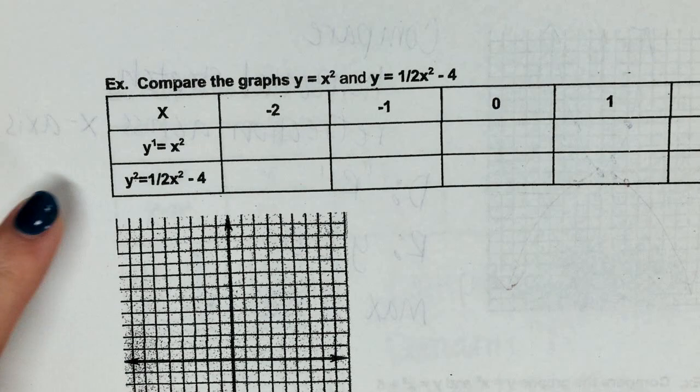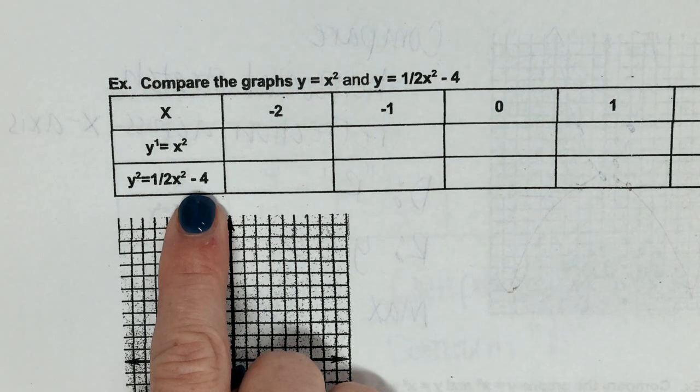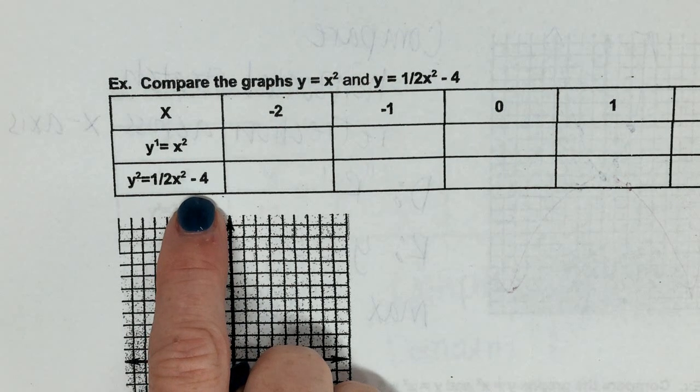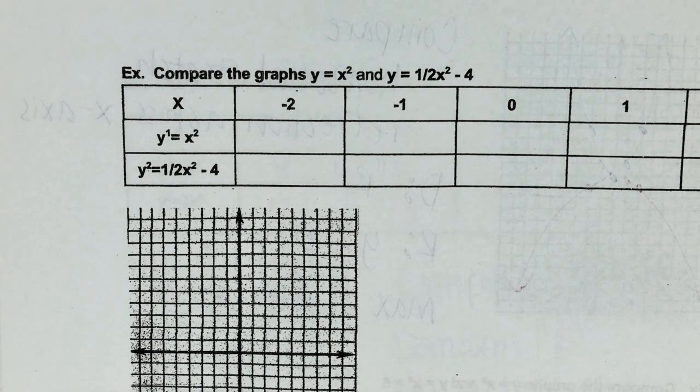So what is that going to do? I heard you. A horizontal stretch. But then they also did what? Subtracted 4. What did we learn? When we added 5, it made it move up 5. They subtracted 4. So what do you think is going to happen? It's going to go down 4. So this is going to be a horizontal stretch, and it's also going to translate it down 4.